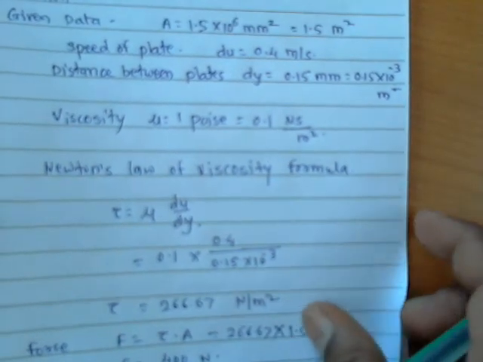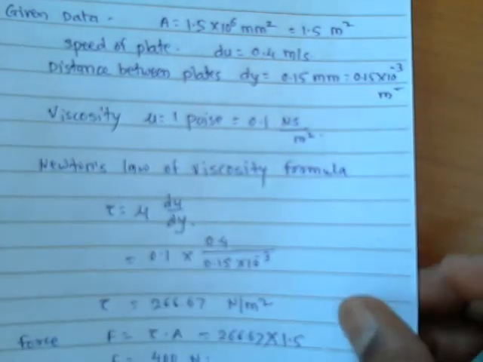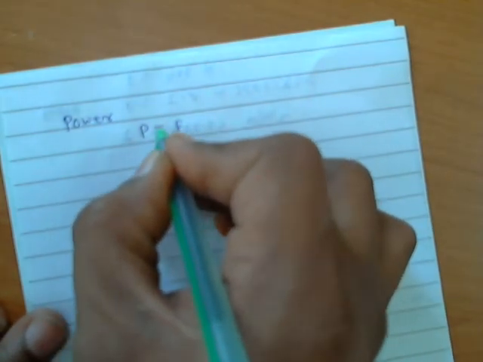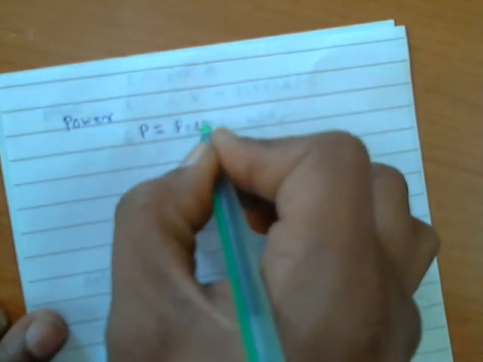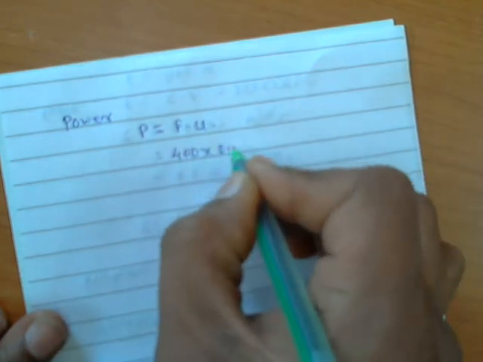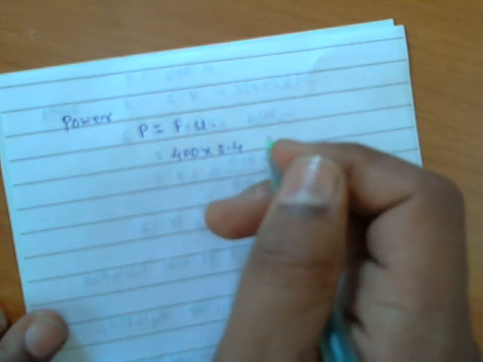Okay, now to find out the required power, P is equal to force multiplied with velocity of the plate. So force is 400 Newton multiplied with 0.4, the velocity of the plate.